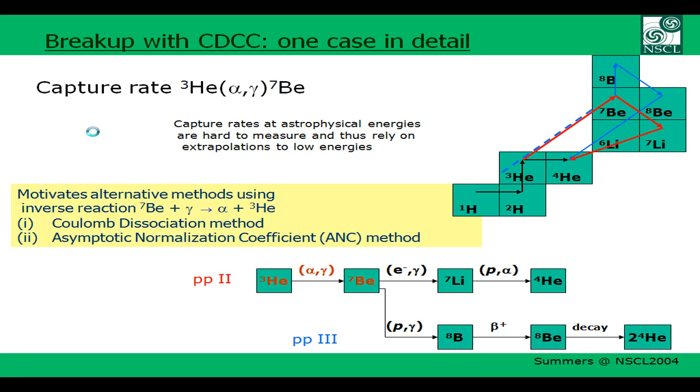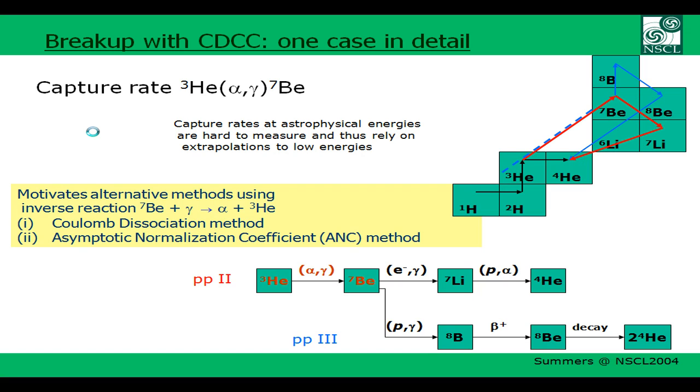So if you know the asymptotic normalization coefficient, which I think you've already discussed on day 1 or day 2, I don't know, I wasn't here yet, but I know that you already defined the magnitude of the tail, this term asymptotic normalization coefficient. If you know that, then you know the overall scaling of this, and that's another method that is used, called the ANC method. It typically involves lighter targets and low energy so that the reaction is peripheral, and then if you're sensitive to just the tail, you extract that quantity from your data.